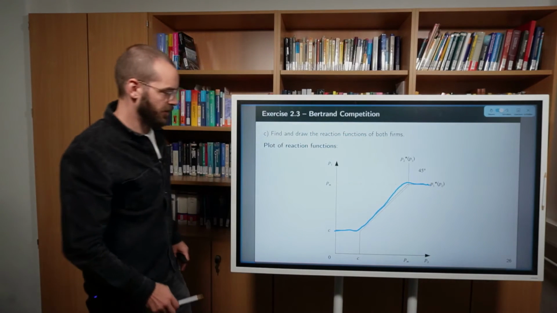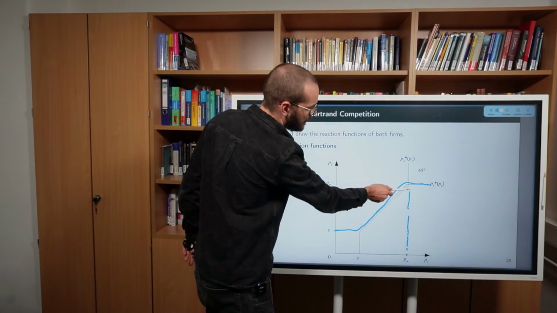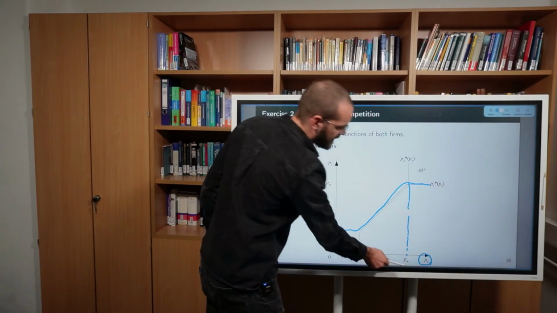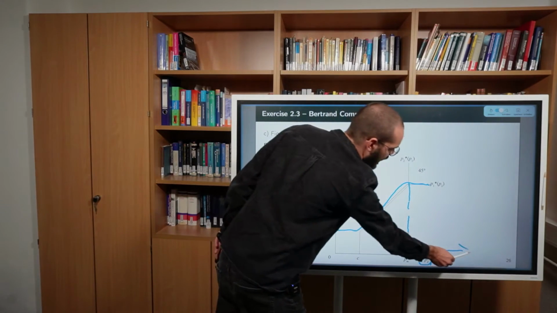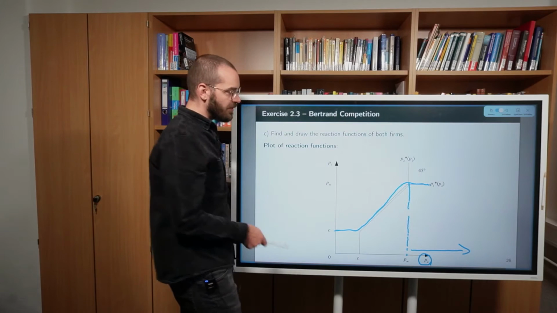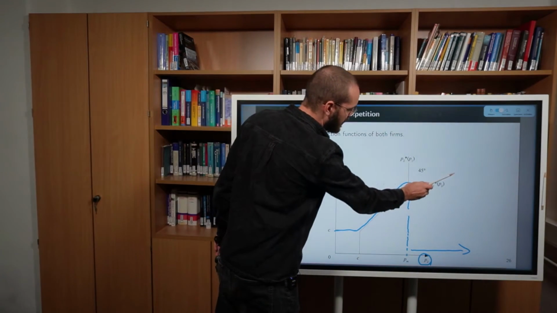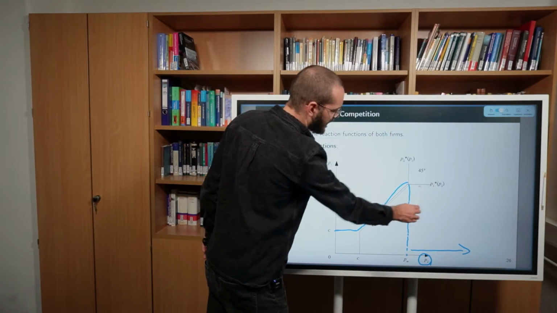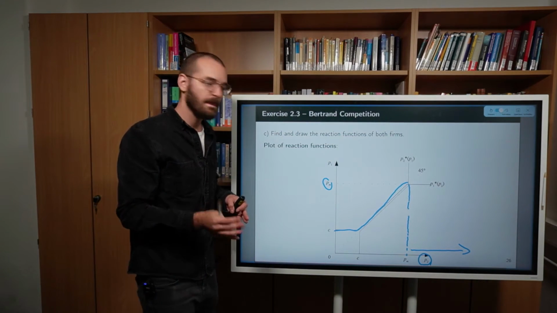What you will notice is there is a monopolist price indicated over here, and for any price of firm 2 that is larger than the monopolist price, so for the interval to the right of this monopolist price, it is profit maximizing for firm 1 to set the monopolist price. That is why the function is just horizontal over here. Okay, that's the upmost interval of the prices that we were just looking at.